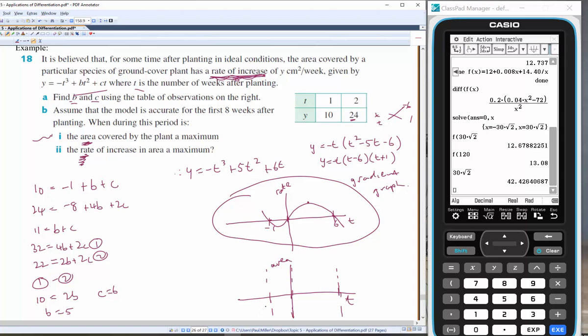The first thing I'm going to do is draw a positive gradient, and then we're going to get a stationary point. Then we're going to get a negative gradient through to the next stationary point.